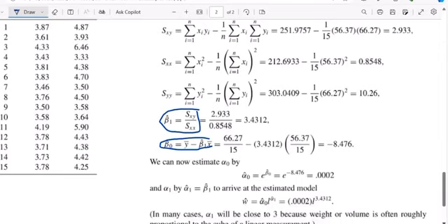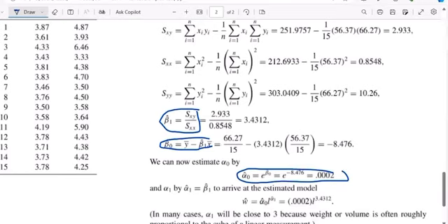In the model, we said beta naught equals ln alpha naught. For us to be able to get alpha naught, we need to exponentiate beta naught. The alpha naught cap gives us that now. And based on the model specification, when we compare with the conventional linear regression, alpha 1 cap equals beta 1 cap, that is going to remain.